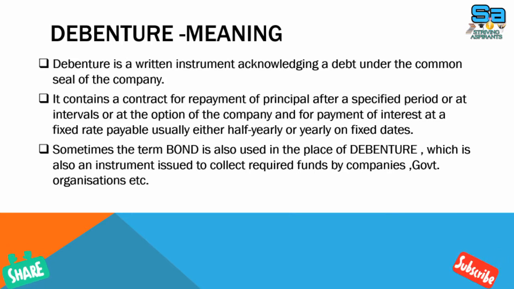Also, the interest is to be paid by the company at a fixed rate, half yearly or yearly or whatever is specified in the beginning of that contract. Sometimes bond is also used in place of debenture, which is also a financial instrument issued to collect required funds by companies or government organizations, etc.